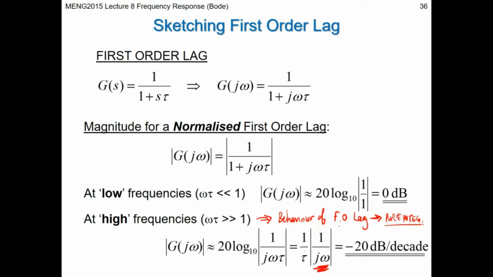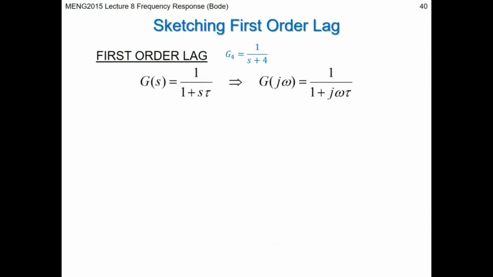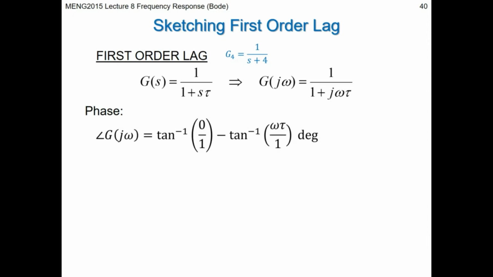And you could also say the behavior of a first order lead, because we're dealing with a lag, but the same logic is true for a lead, and that would be approximating to the behavior of a pure differentiator. So some important links there that help us to interpret and understand how the magnitude part of it works.